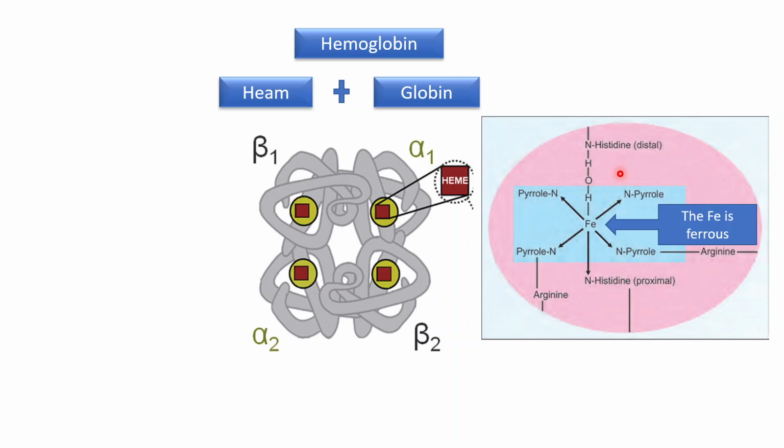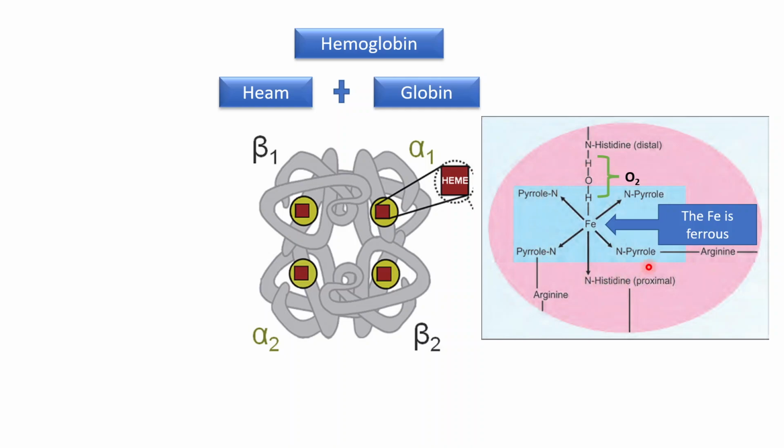Now what happens is, when the hemoglobin is not oxygenated, a water molecule comes here. However, under conditions of oxygenation, this is replaced by an oxygen molecule.